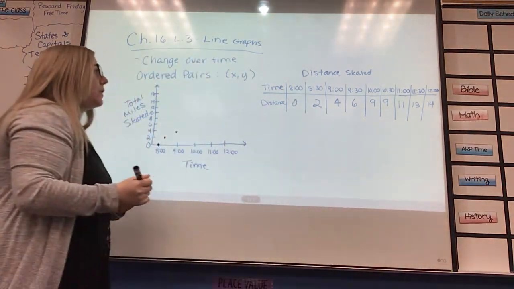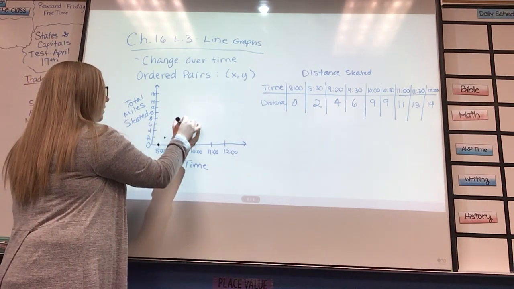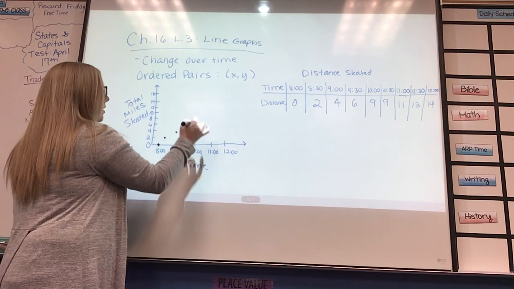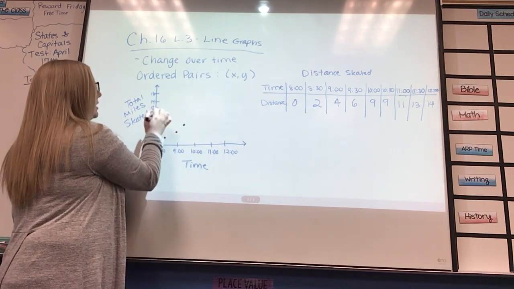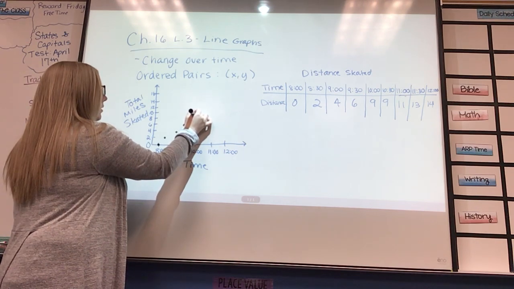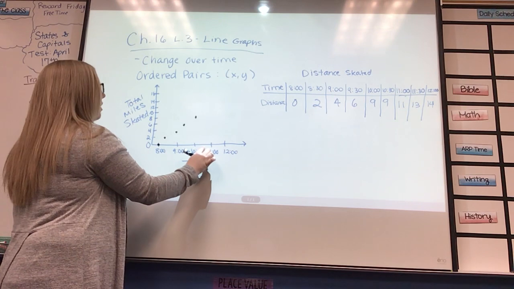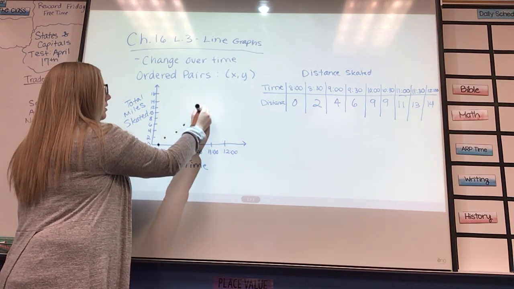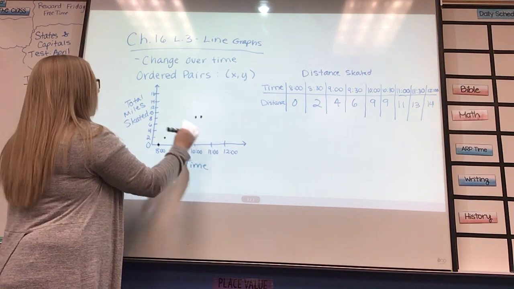Okay, so now I have 9:30, which is 6. 10 is 9, so that's in between 8 and 10. 10:30 is also 9. 11 is 11.